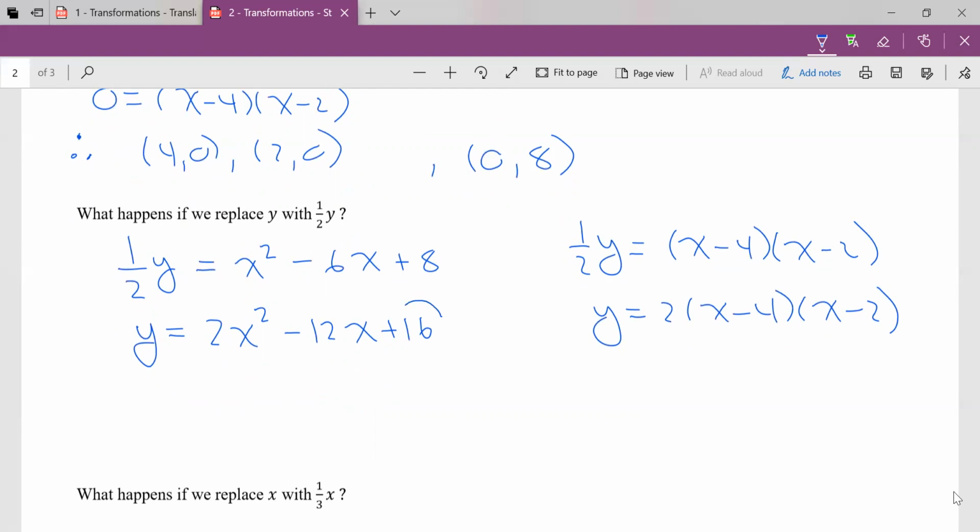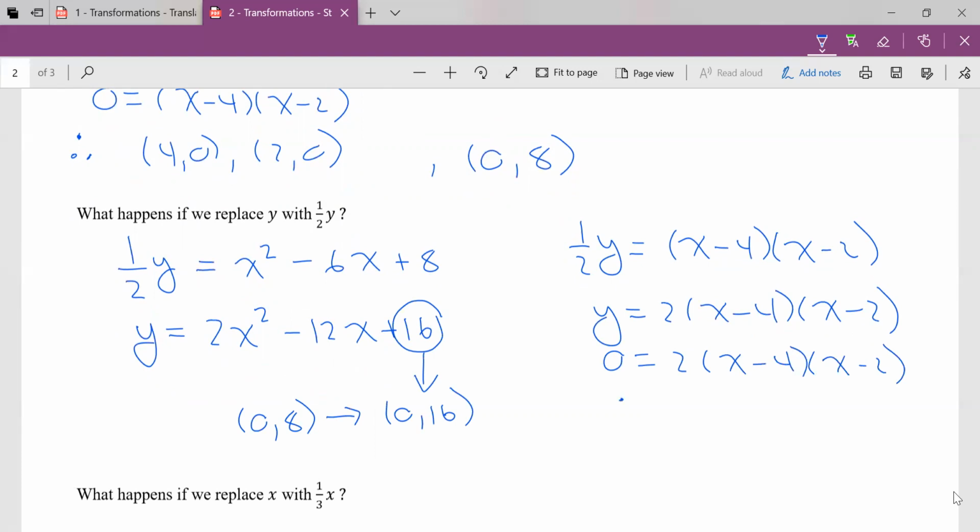Now let's say to ourselves, how did that affect our intercepts? Well, in standard form, that's our y-intercept. So our y-intercept is now (0, 16). So our y-intercept transformed from (0, 8) to (0, 16). What about our x-intercepts? Well, again, we always let y equal 0 and solve for x. Guess what? We still get (4, 0) and (2, 0). Do you notice those are the same x-intercepts?